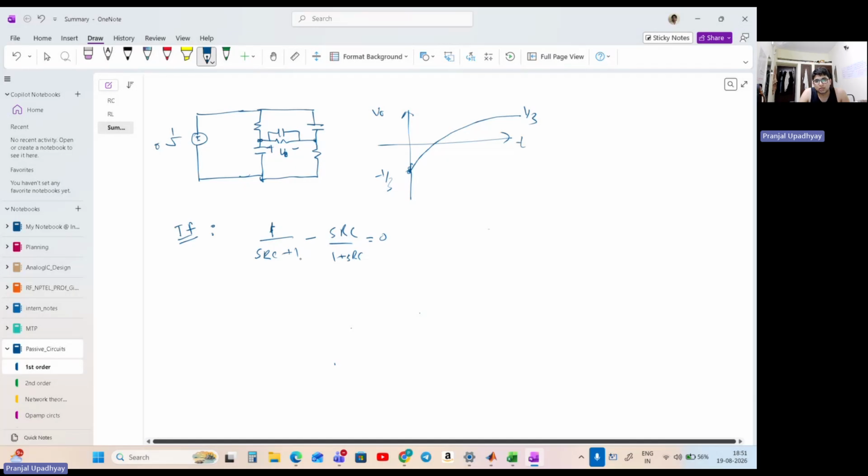Using this condition, we can find the zero frequency, which, as is also obvious from this initial condition, since it opposes the direction of the input, that we'll get a RHP zero. And thus, in this transfer function, the numerator is 1 minus SRC. Now, again, we understand that since the pole needs to be found, we can use the same standard method, that we can just short this guy.